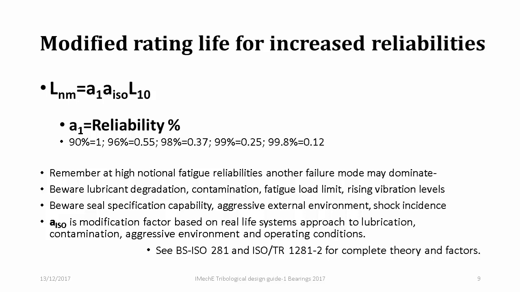And A1, you can see here about the reliability, says if I take a 90% survival rate as 1, if I want 99%, it's 0.25. So that means I need a nominal theoretical life 4 times what I would need for the regular L10 calculation. So this is quite an important factor.